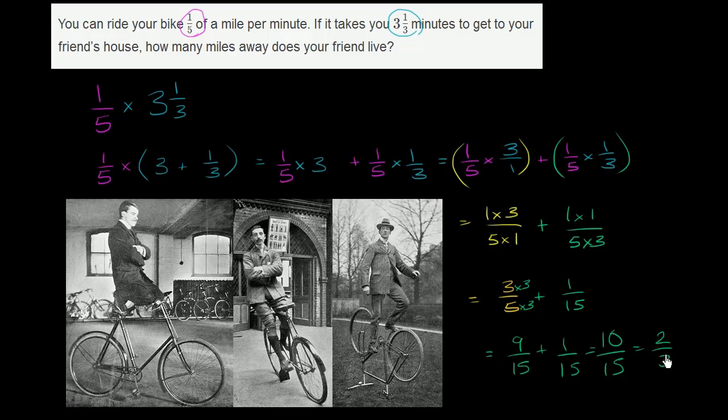Well, that's kind of interesting, and this was kind of a long way to do it. Let's think about if there's a simpler way to do it. So this is the same thing as 1/5 times 3 1/3, which I'm going to rewrite as an improper fraction.